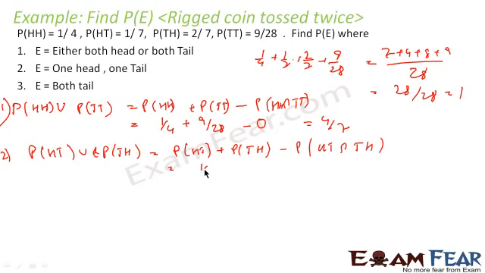This is equal to 1 by 7 plus 2 by 7 minus 0, because there is no common point between HT and TH. So this is equal to 3 by 7. Similarly, for the third, we are supposed to find both tails, P of TT. This is very simple because it is already mentioned what P of TT is.